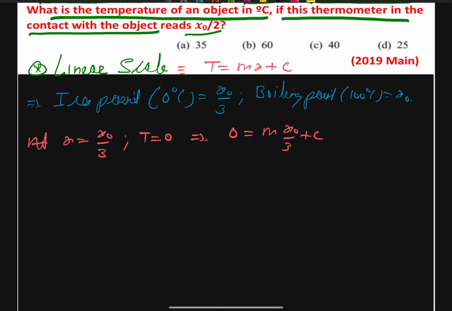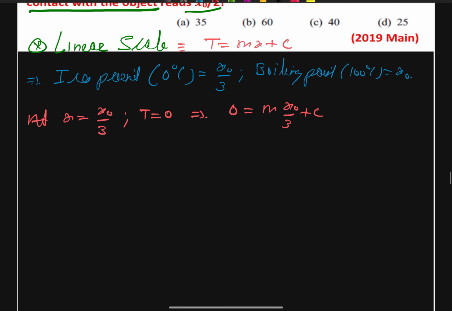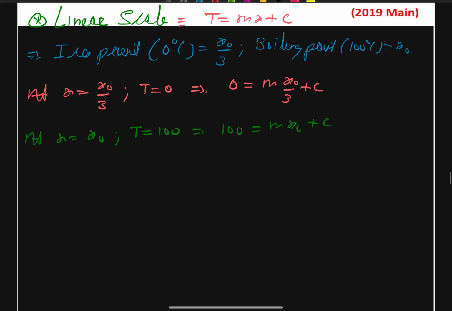And at x is equal to x naught, boiling water temperature is 100. So we get 100 is equal to m times x naught plus c. So we have two equations and two unknowns, so we can easily solve it.